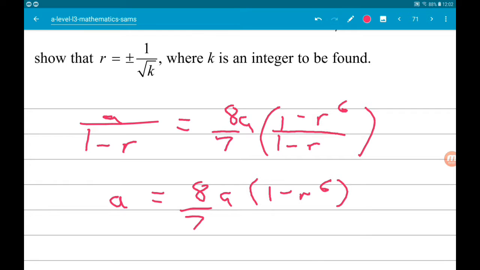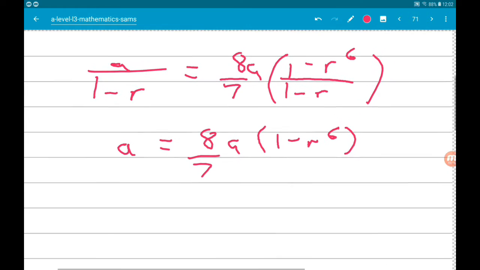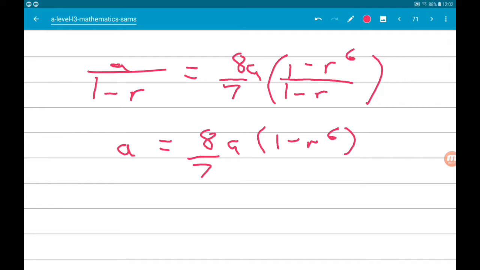Both sides have an A on top, so we can divide that away, which gives us 1 is equal to 8/7 times 1 minus R to the 6.